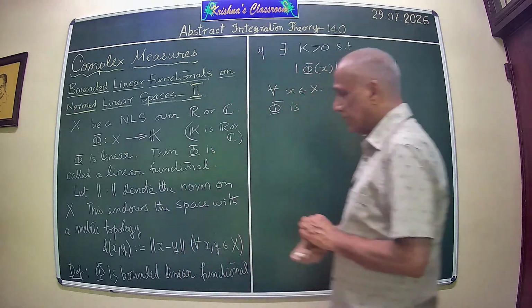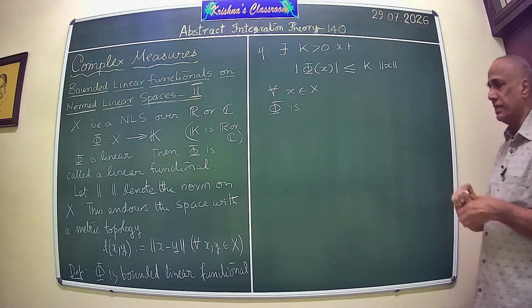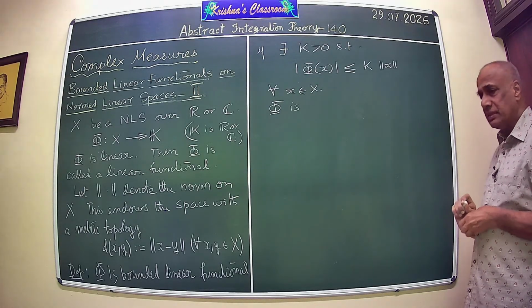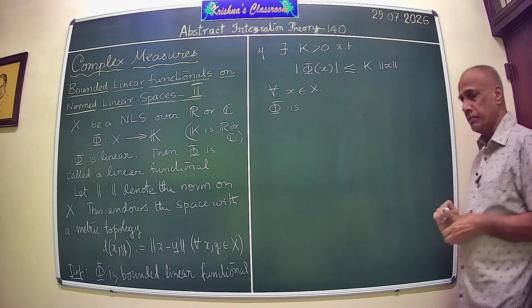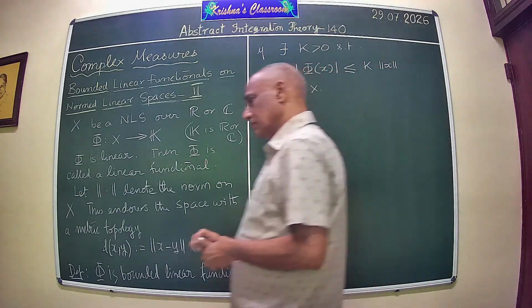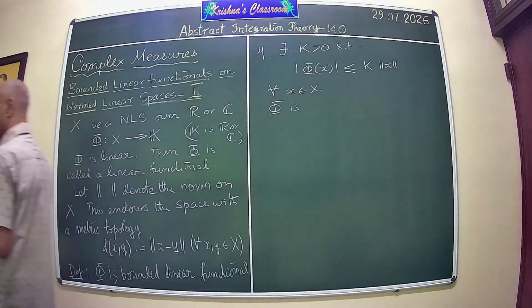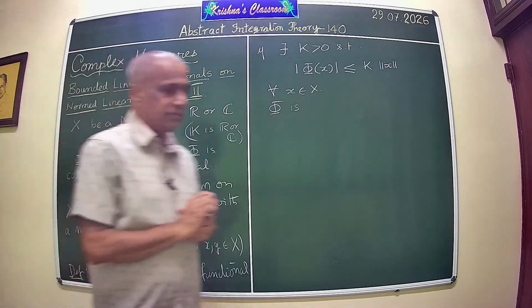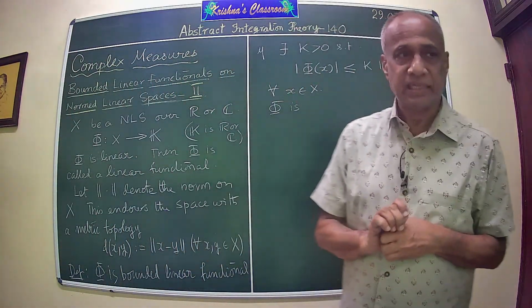And remember, I said it's a linear operator. It's a linear transformation. But this linear transformation is something special because the range is R or C. In that case, you give it a special name, namely linear functional.